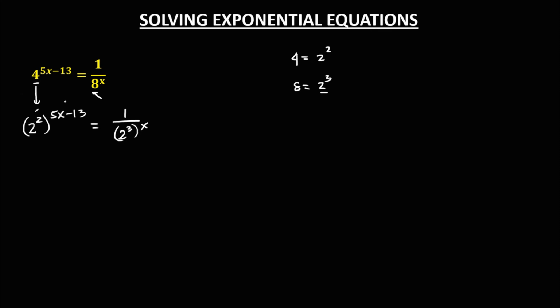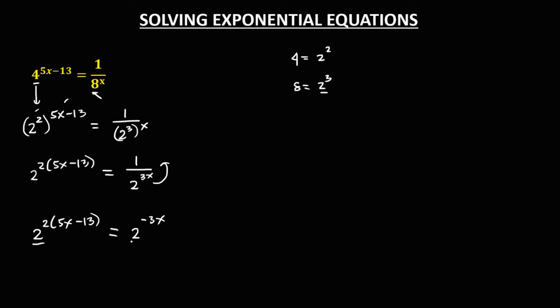Then exponent raised to other exponents, so you multiply the exponents. So this becomes 2 to the power 2 times 5x minus 13 then equals 1 over 2 to the power 3x. Then simplify, so we have 2 to the power 2 times 5x minus 13 then equals, move up, so this becomes 2 to the power negative 3x.